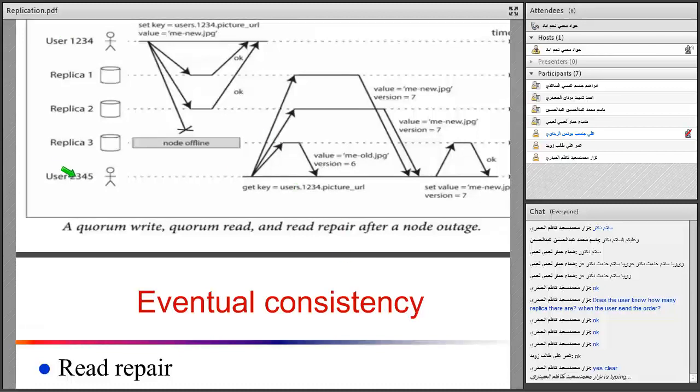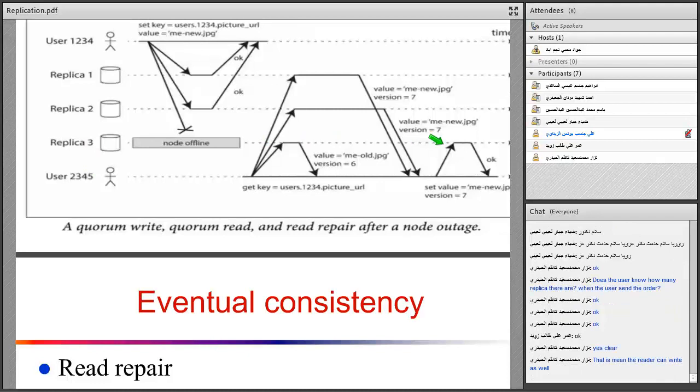Okay, so this user can understand that replica 3 does not have the latest version, so it sends a message to replica 3 to update its information.